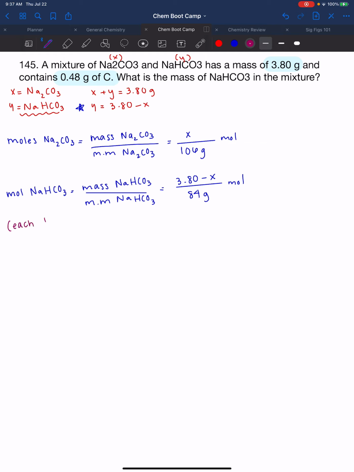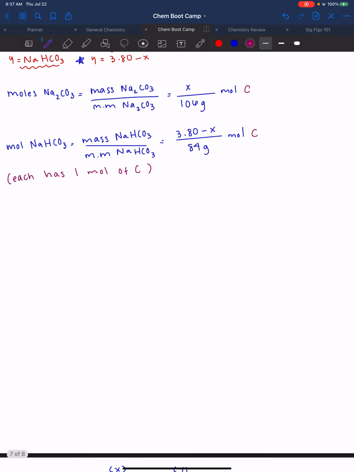So it's safe to say that each of these is 1 mole of carbon, because it should be equal to each other. So 1 mole of the sodium carbonate is equal to 1 mole of carbon. Your mole-to-mole ratio will be the same regardless.